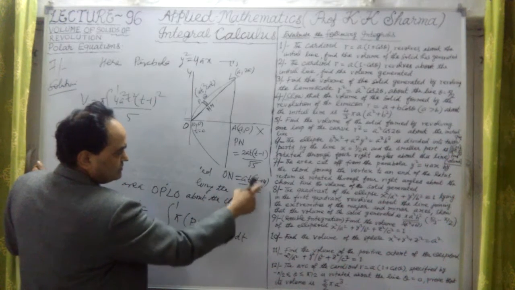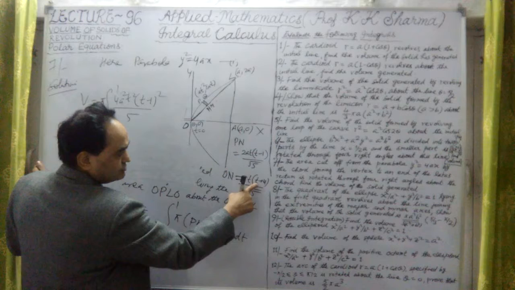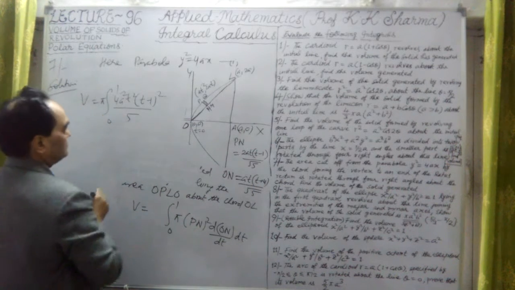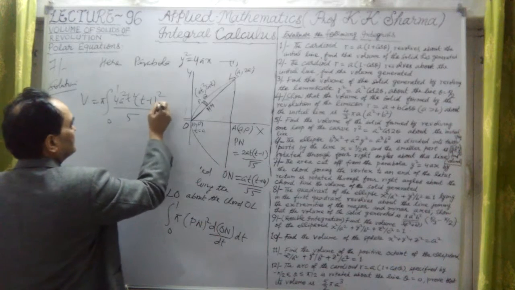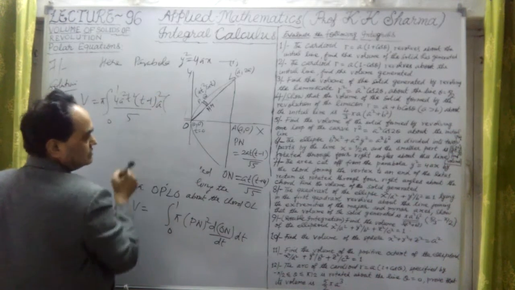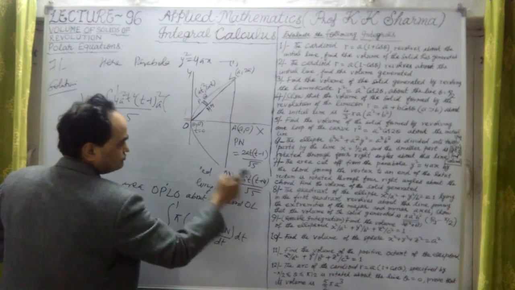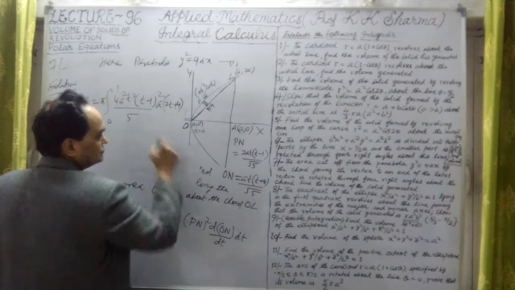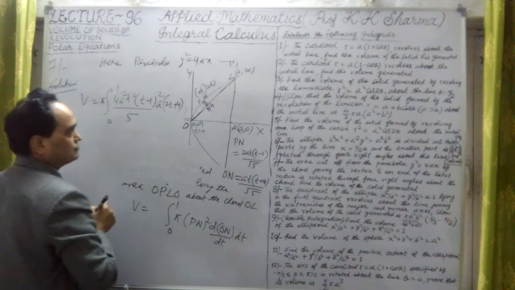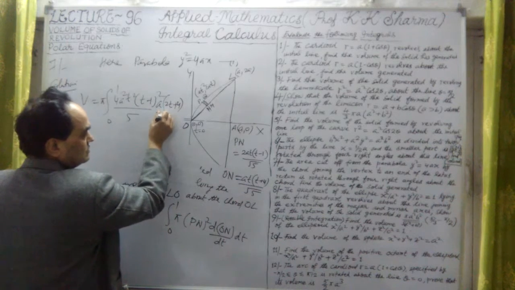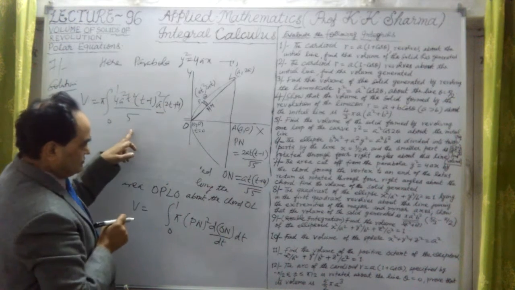So differentiating it with respect to t, a square, it is plus 8a. So let me take a. This is t minus 1. This is a. Integration of this will be t square, 2t plus 4 only, because into t it will be, so 4t integrated as t only, divided by under root 5 I have taken already.